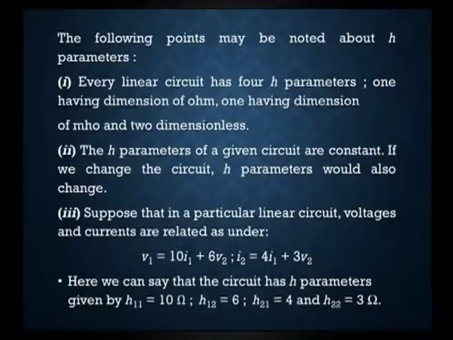It is hybrid in the sense that it is a mix: of the 4 parameters, 2 have dimensions and 2 do not. So we can say it is a mix of dimensional and dimensionless elements, which is why it is called a hybrid parameter.